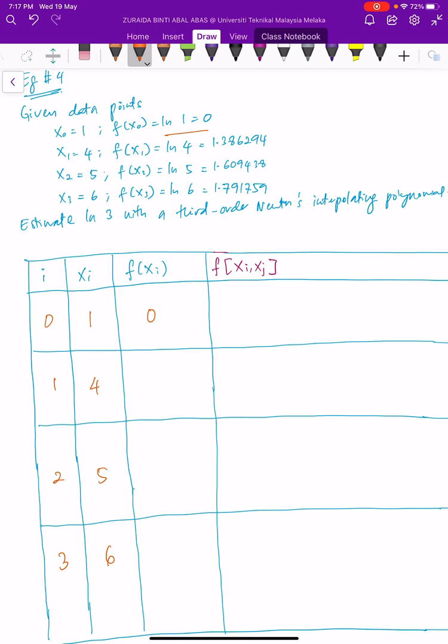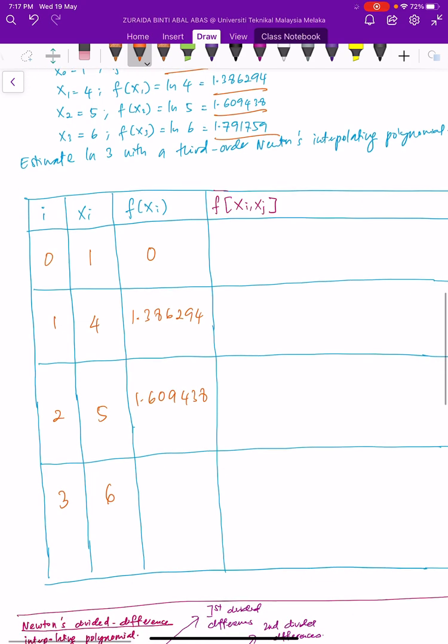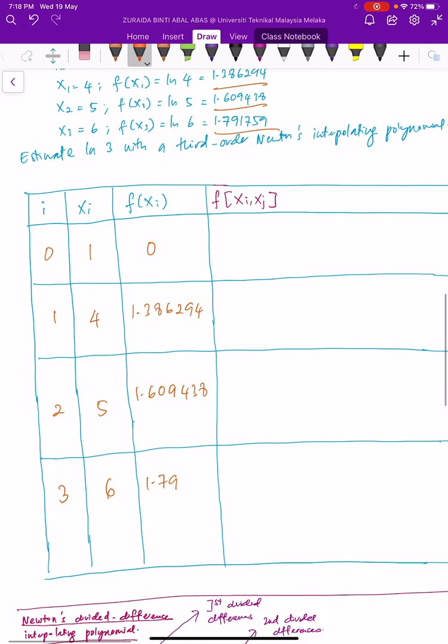For x equal to 4, the value of the function is 1.386294. The value of the function when x is equal to 5 is 1.609438. And the value when x equal to 6 is 1.791759.